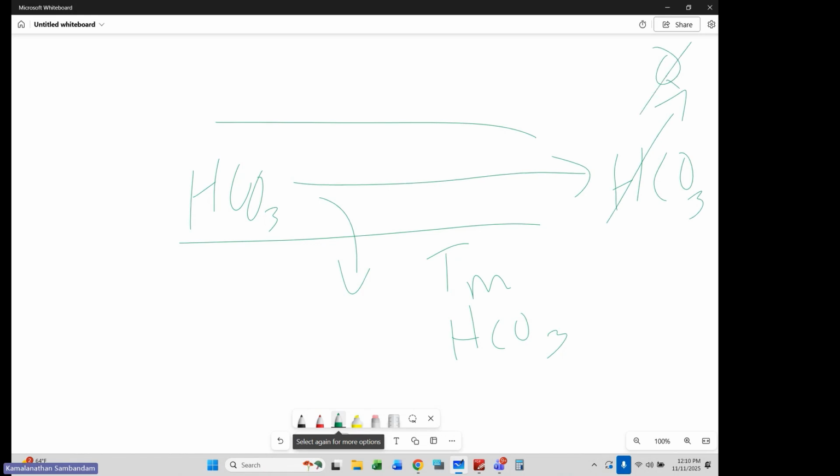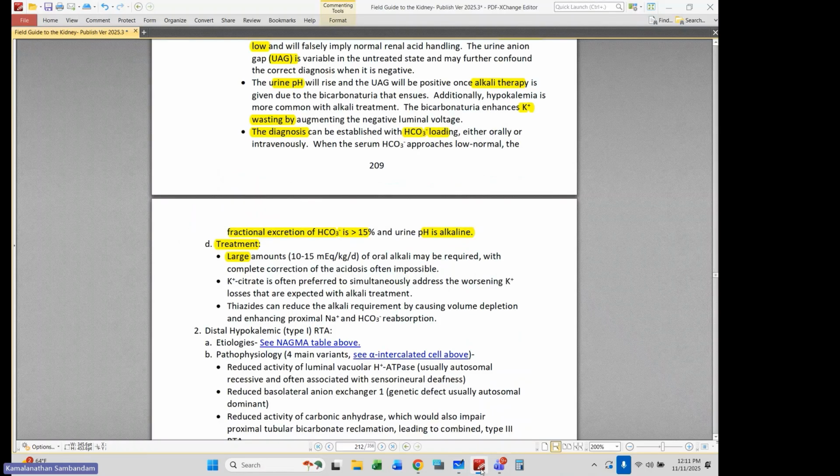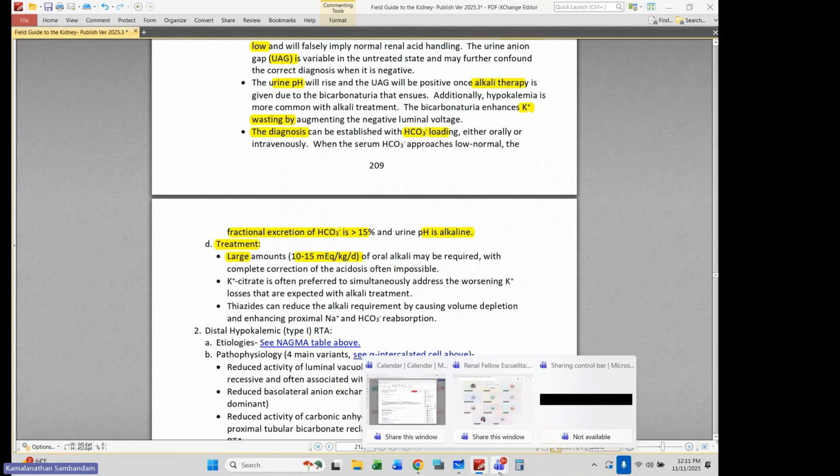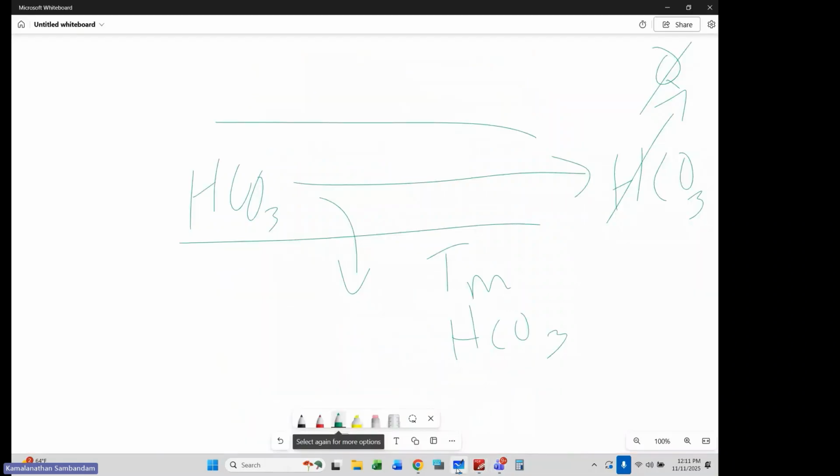But so again, I have a reasonably modest metabolic acidosis, but I have a massive amount of bicarbonate that I must give to try and increase my serum bicarbonate. Why? Because as soon as I give that bicarbonate, I exceed my tubular maximum, right?